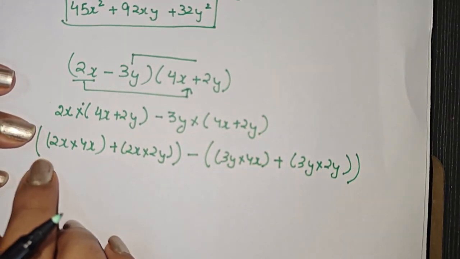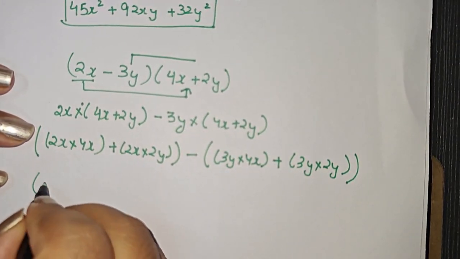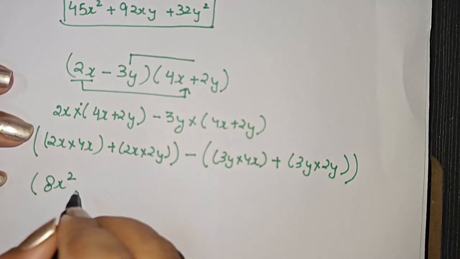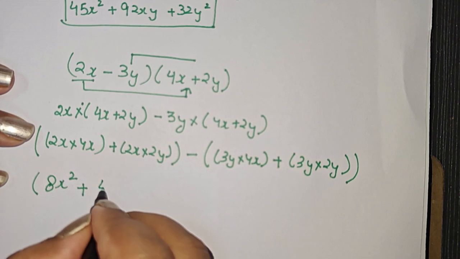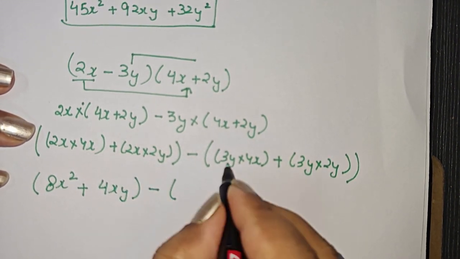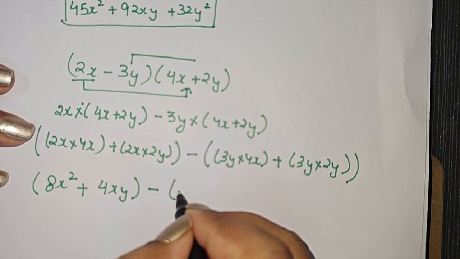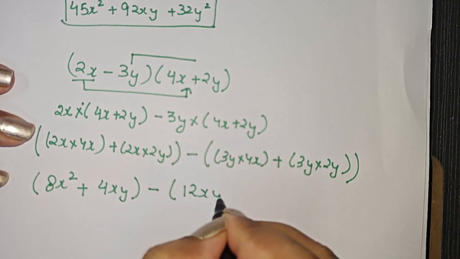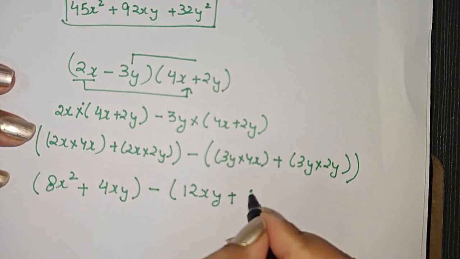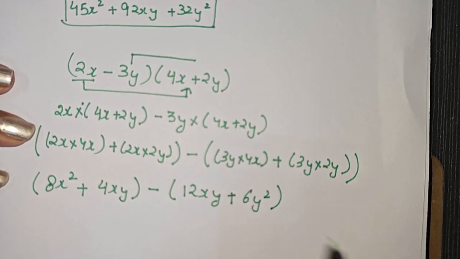Now let's start solving from here. 8x square plus 4xy minus 12xy plus 6y square. This is what we will get.